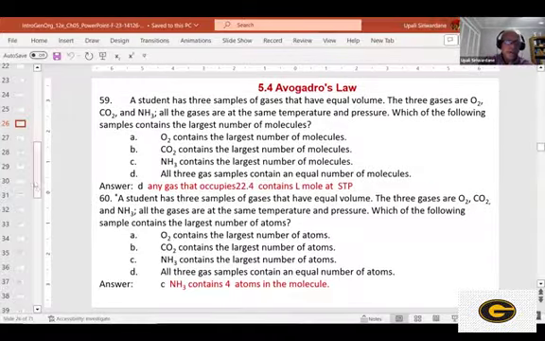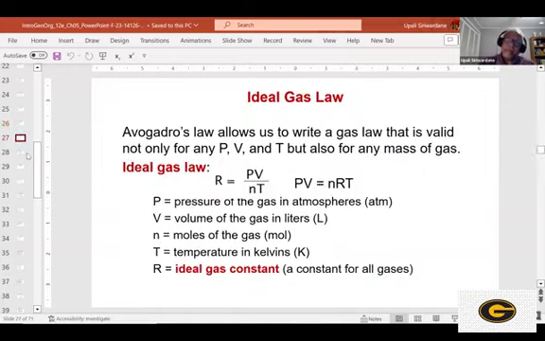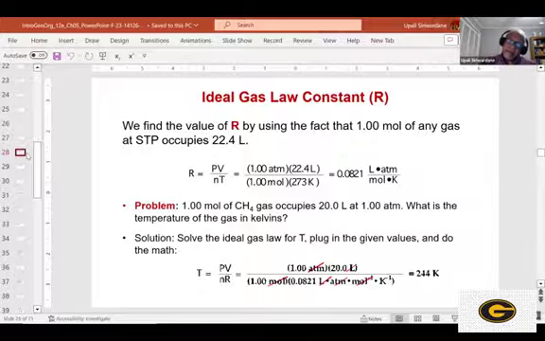So these are the calculations we have gone over. This is the ideal gas law, calculating the ideal gas constant. Then in the problem here, we calculate the unknown temperature of the gas in kelvins from the data given in the problem. 1 mole of methane gas occupies 20.0 liters at 1 atmospheric pressure.